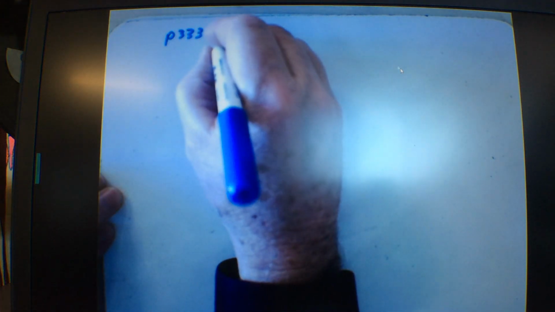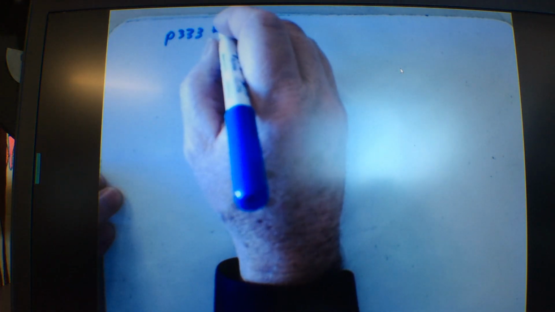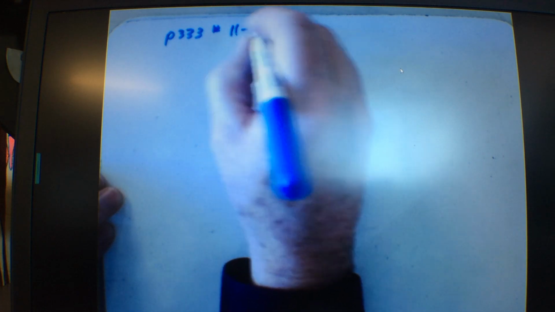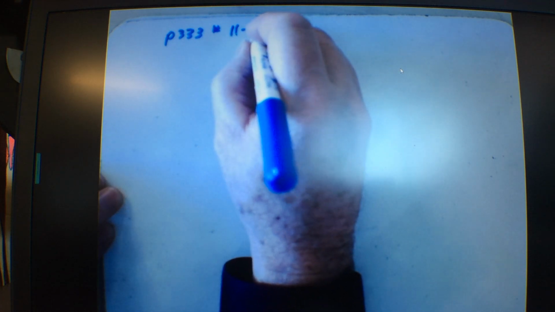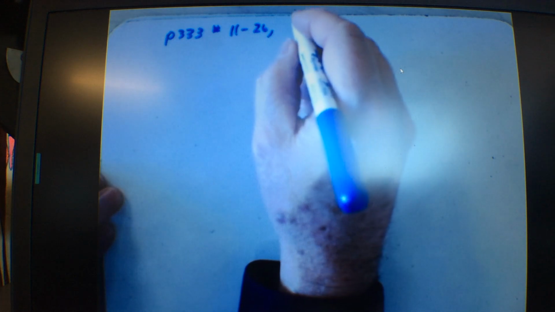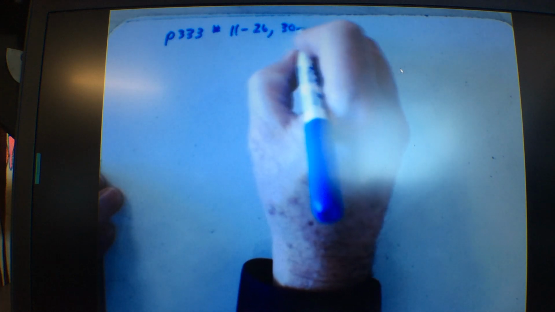All right, let's go to your assignment then. Page 333. Okay, we are going to end up doing numbers 11 through 26, comma, 30 through 35. I'll have one of you write that up there, I guess.